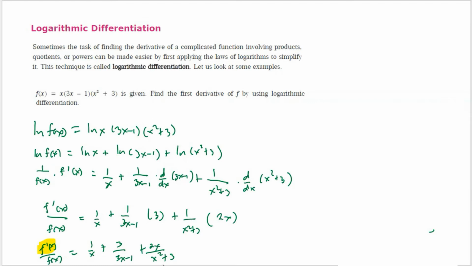If we multiply the entire equation by f of x, the right hand side becomes f prime of x is equal to f of x times whatever is in the right hand side.